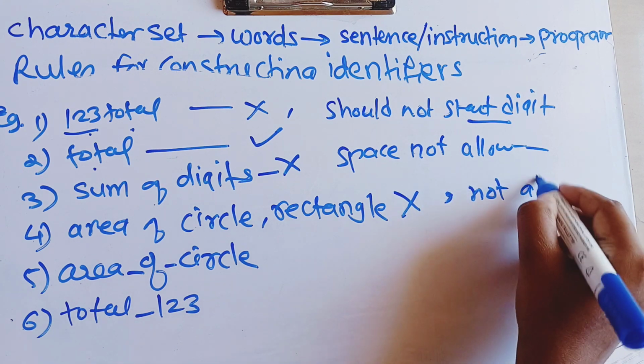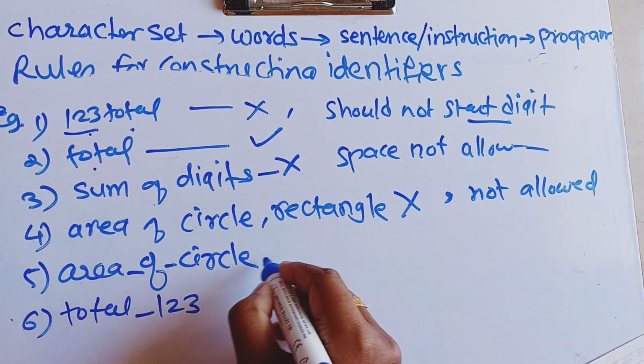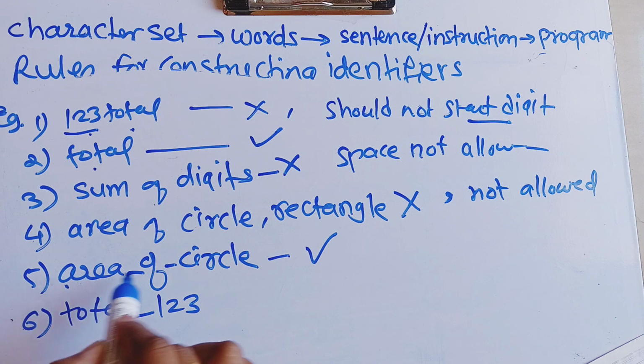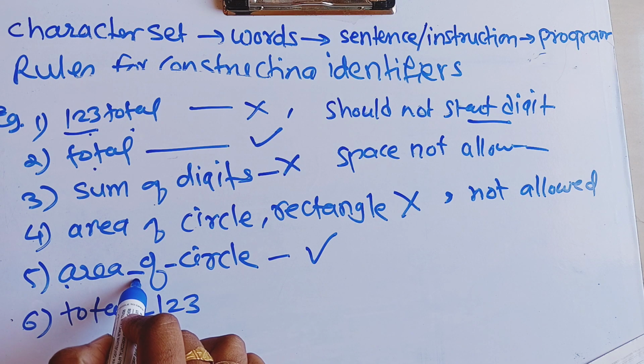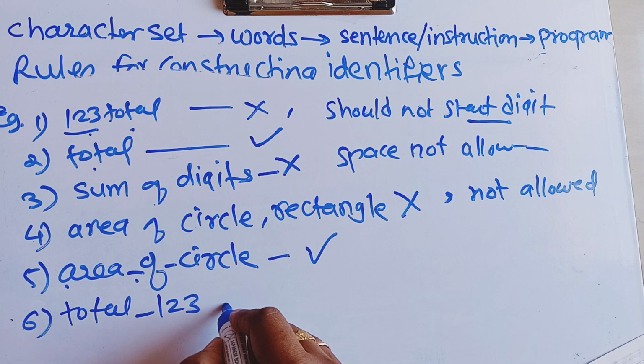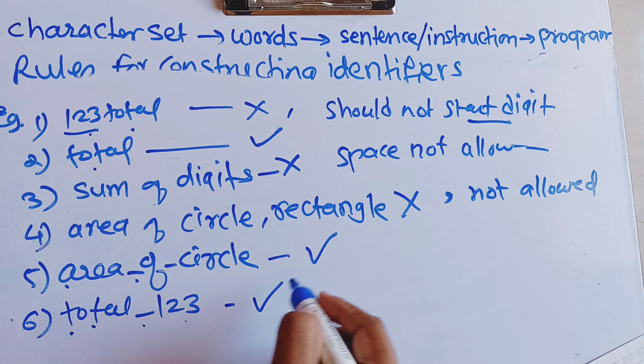Next, it is valid. Why? Because it is starting with an alphabet and has an underscore, which is allowed. Next, is it valid or invalid? It is valid because it starts with an alphabet and is followed by alphabets, underscores, or digits, which is allowed.